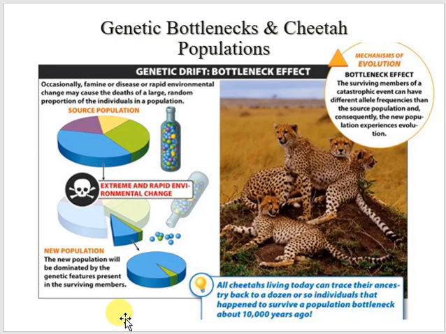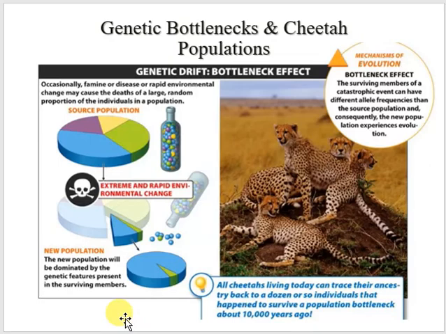Now, when I was talking about the bottlenecks before, I said that you're going to have some sort of change over time. Those changes that are seen in this new population, as the population grows, that population can be restored to kind of this normal genetic composition per se.